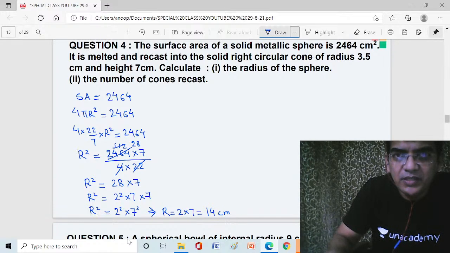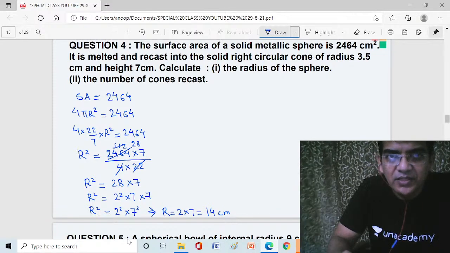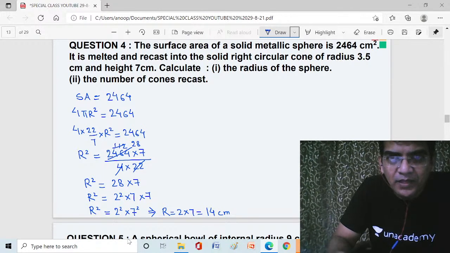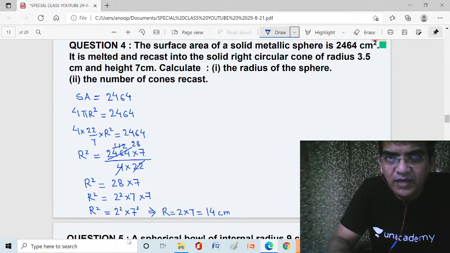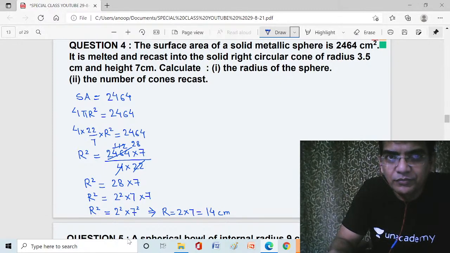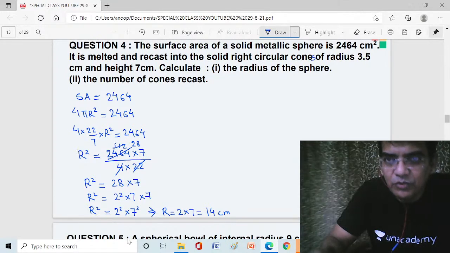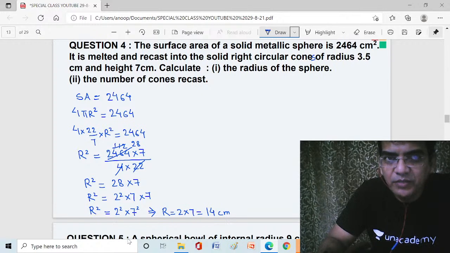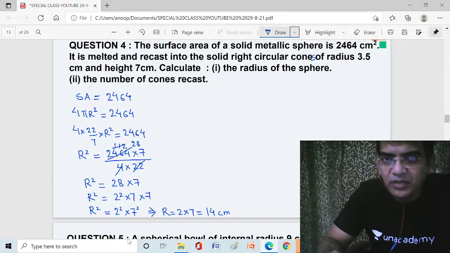Okay, the first part says calculate the radius of the sphere. The second part says, now they say that this sphere was melted and recast into right circular cones, of radius 3.5 and height 7. Calculate the number of the cones.